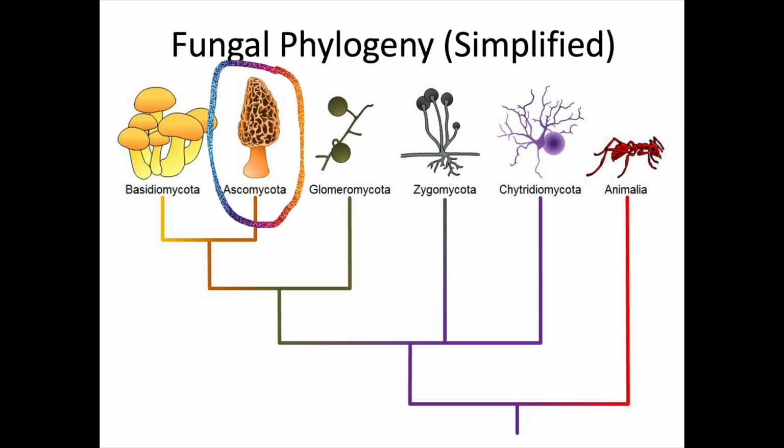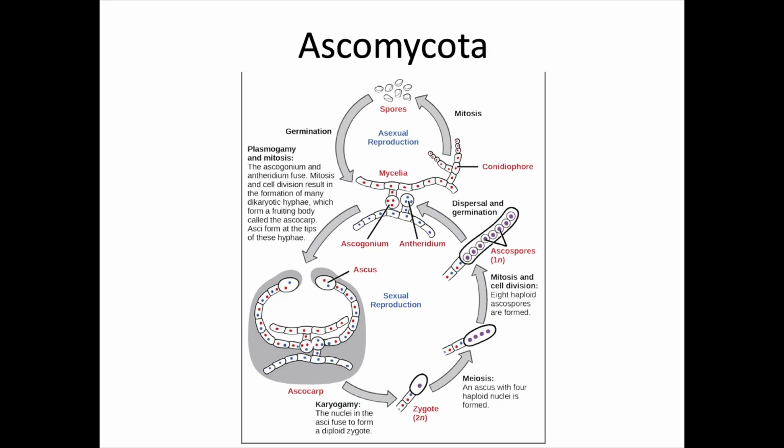Moving on, let's do Ascomycota next. So, yep, we can see one perhaps familiar face here. This is a morel, but what's the deal with Ascomycota? Well, it's another life cycle thing. The asexual part of it's the same, haploid mycelia, making haploid spores, growing into haploid mycelium. Okay, that's easy.